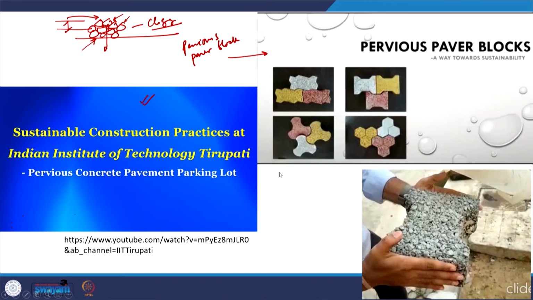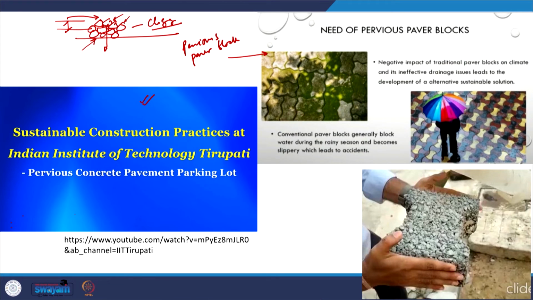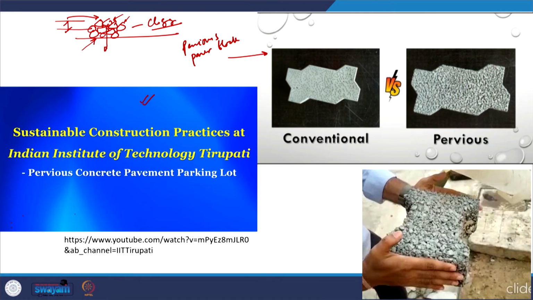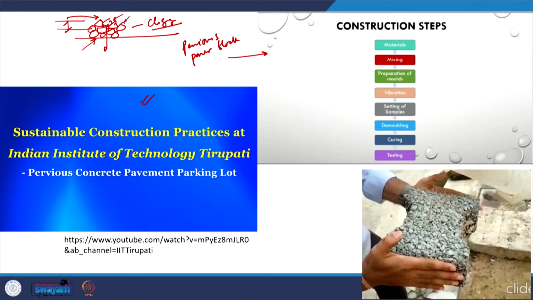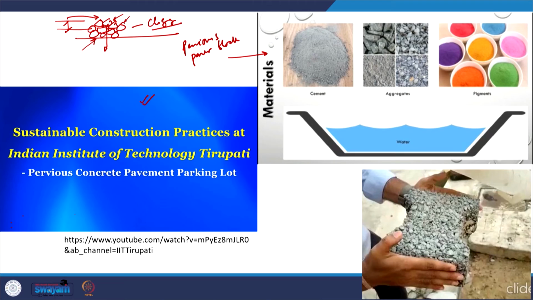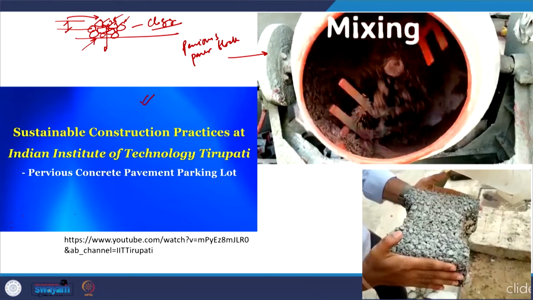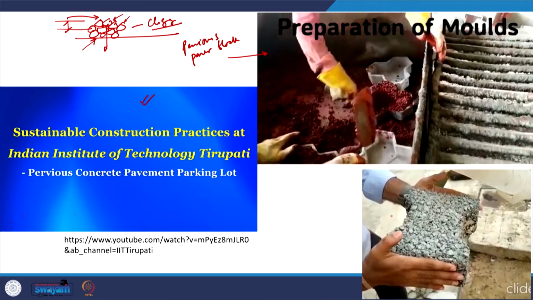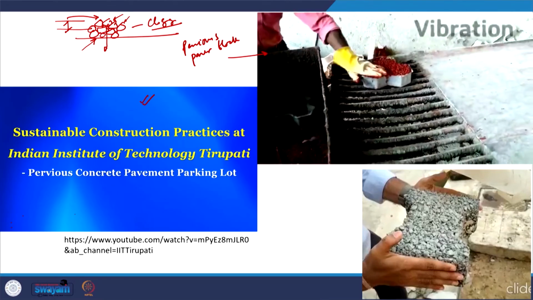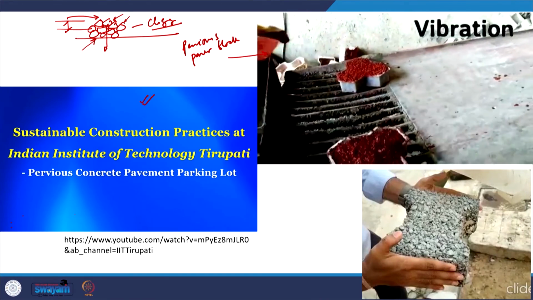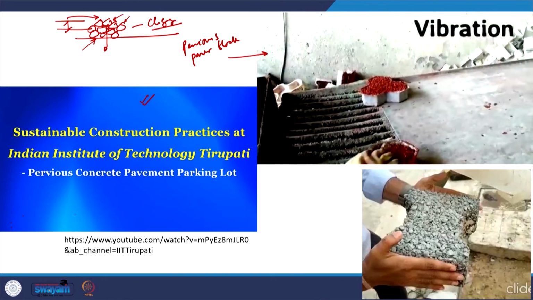Let us look at the video of the pervious paver block also. This shows the difference between the conventional block and the paver block, some of the benefits, steps of producing the mixture and the block, and the ingredients. These are pigmented blocks that were produced. This shows the different molds that can be used during production, light vibration for compaction.